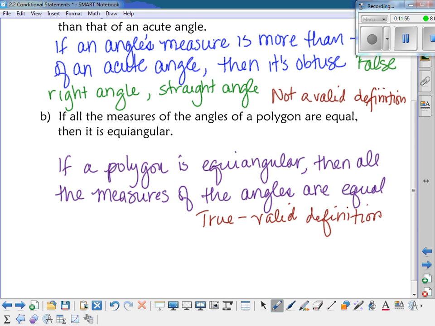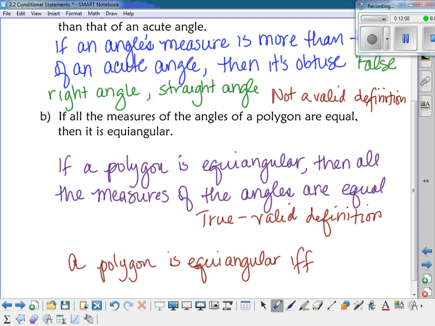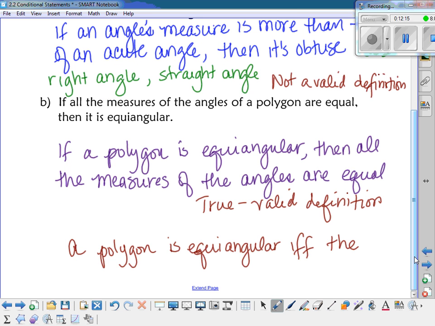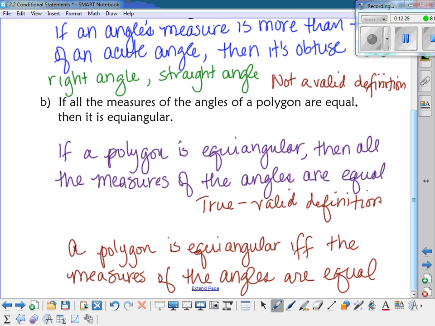A polygon is equiangular if and only if all the measures of the angles are equal.